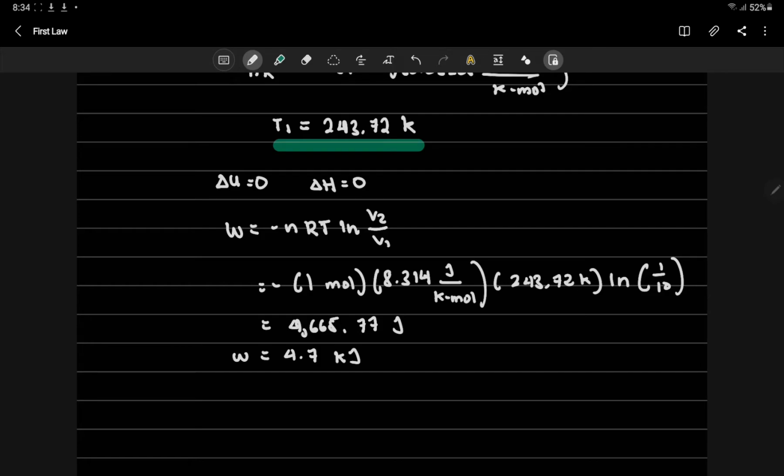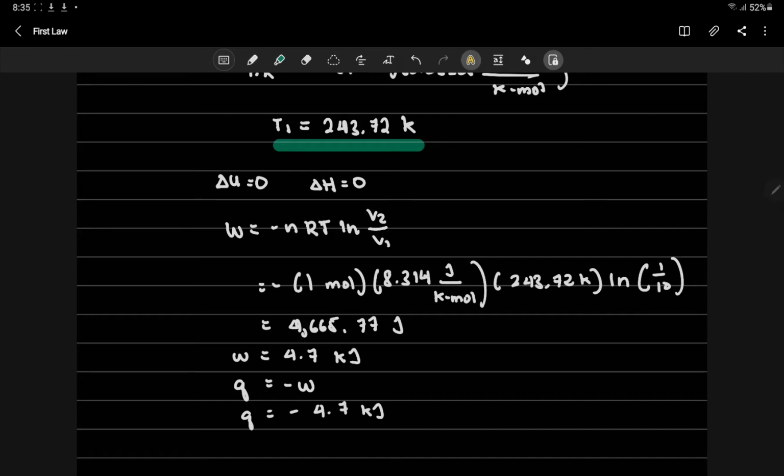And kung matatandaan natin yung isothermal reversible processes involving perfect gases, sinabi natin na ang Q is just equal to minus W. So therefore, Q is minus 4.7 kilojoules.